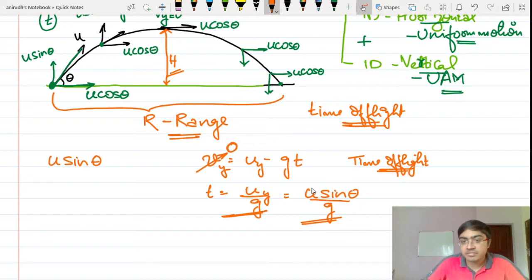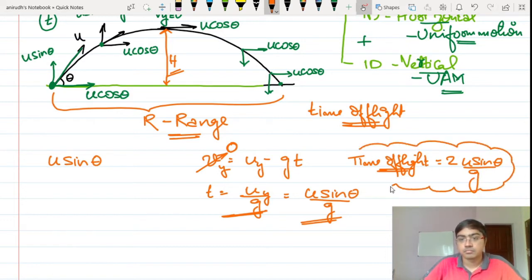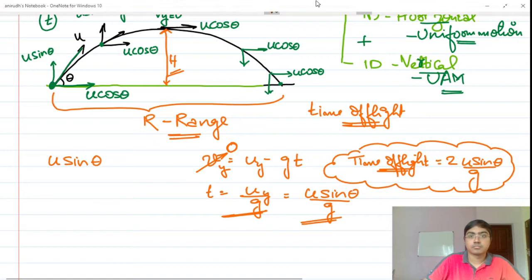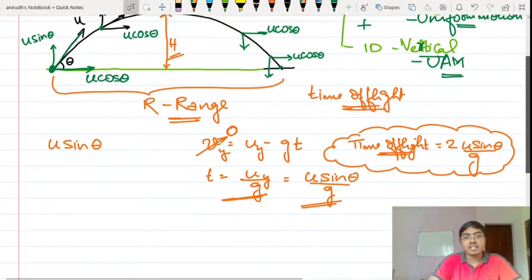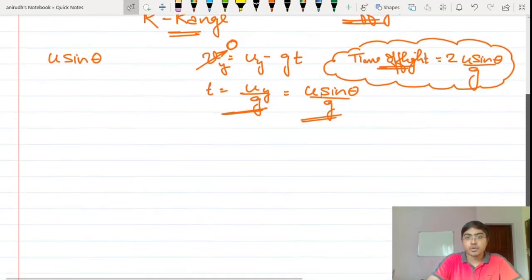It takes this much time to reach the topmost point. Now from there to come down, it again takes this much time. So that will be equal to 2 times u sine theta divided by g. Right? So that is the first equation that you're supposed to learn.